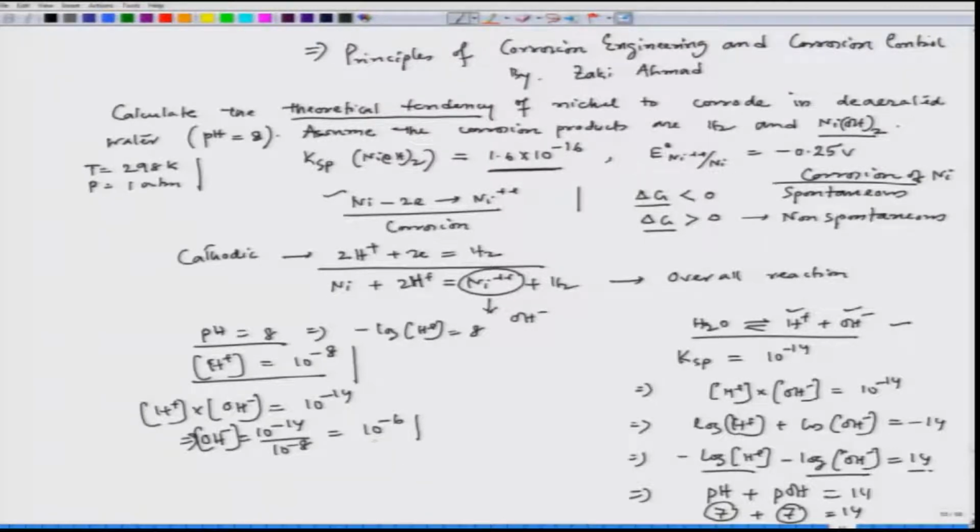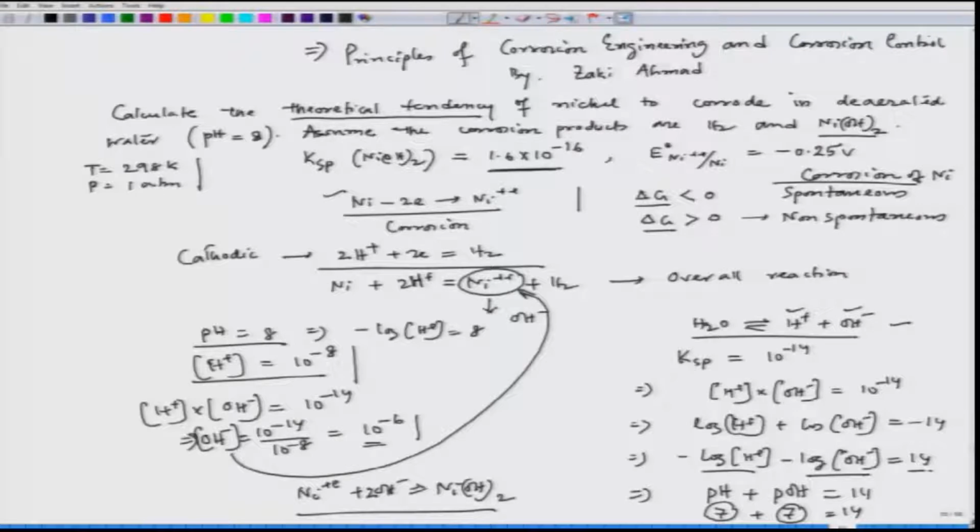Once we find OH minus, this OH minus is available to react with Ni2+, and when they react they form Ni(OH)2. So, it will also have its own equilibrium.